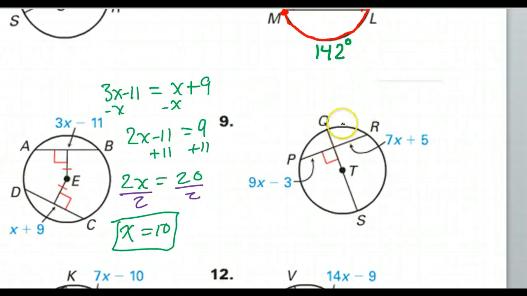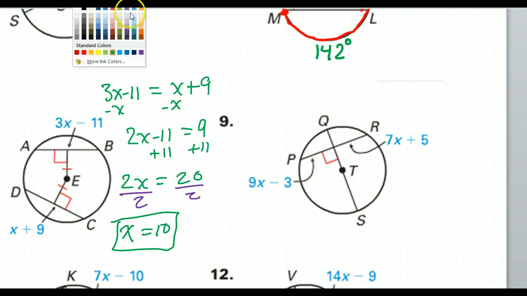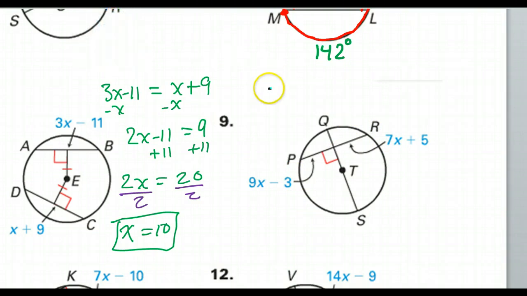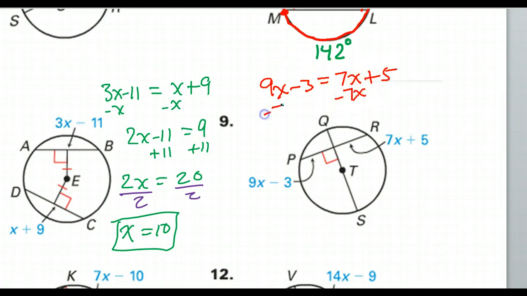Number 9. Same thing as before. These two segments should be equal to each other because I have a perpendicular diameter. It must be a bisector. So I will once again set these equal to each other. So I can just go 9x minus 3 equals 7x plus 5. If I subtract 7x from both sides, that gives me 2x minus 3 is equal to 5.